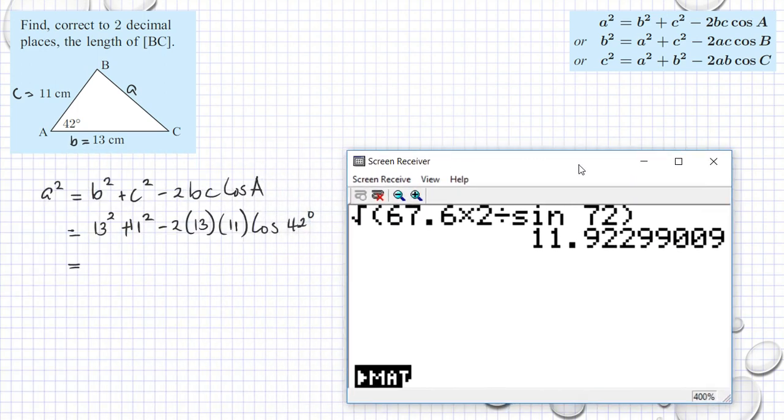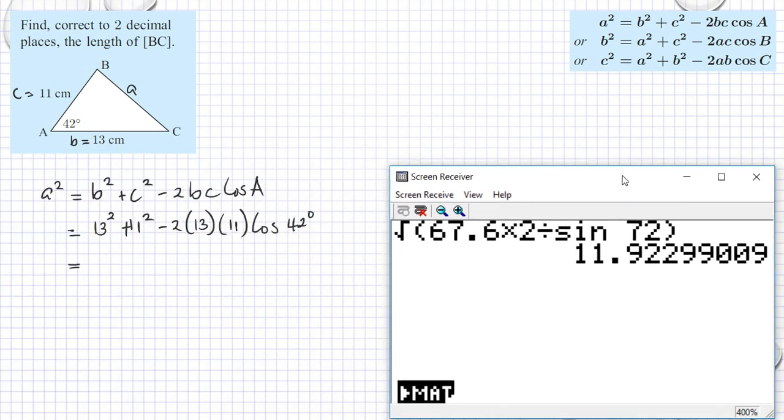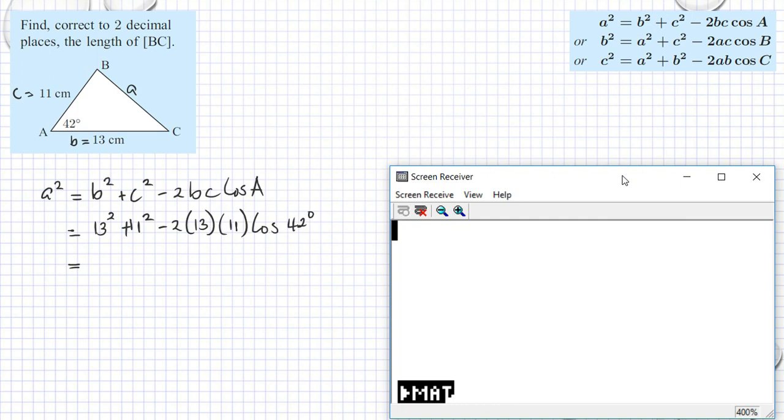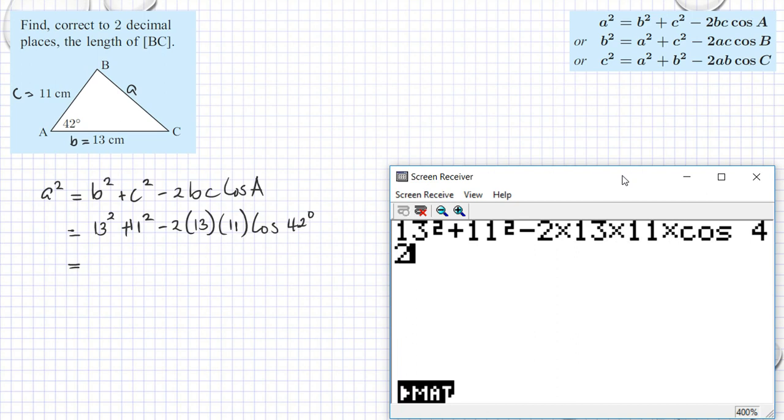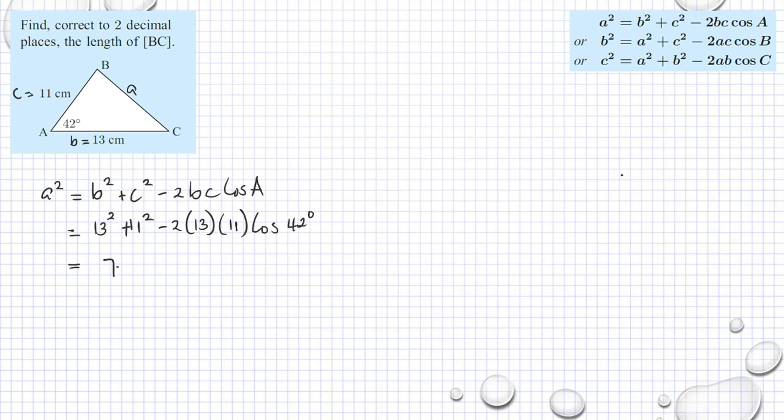My calculator slept for a while. Now it is open once again, awake. 13 squared plus 11 squared minus 2 times 13 times 11 times cosine 42 degrees. Then we have 77.46 to two decimal places.